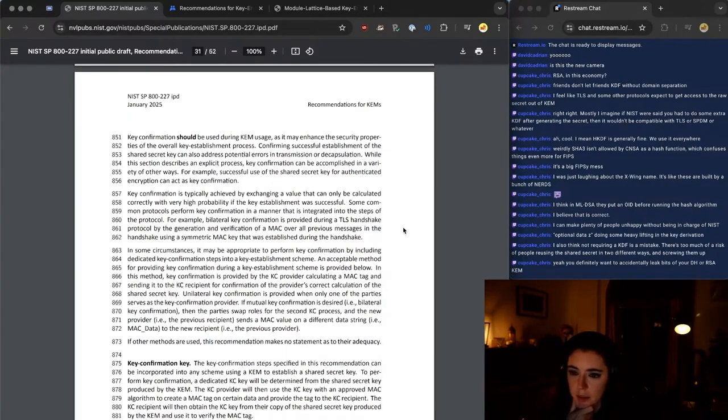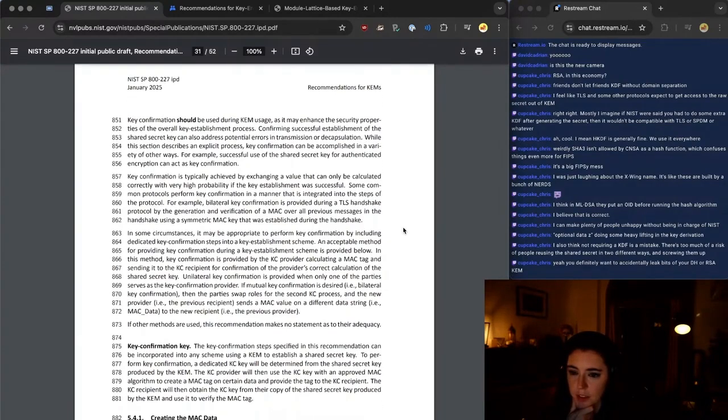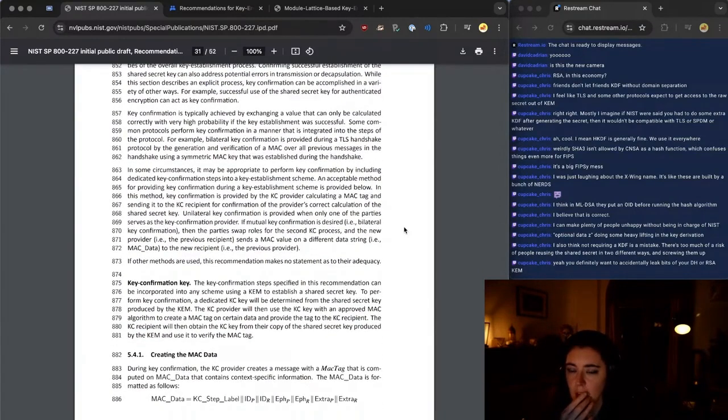This is various ways. Shared secret for authenticated encryption can act as a key combination. Yeah, that's true. But maybe they may. What are you allowed to use? You're allowed to use AES-GCM, ChaCha20-Poly1305. I think you're allowed to use AES counter, HMAC-SHA-256 in TLS 1.3.